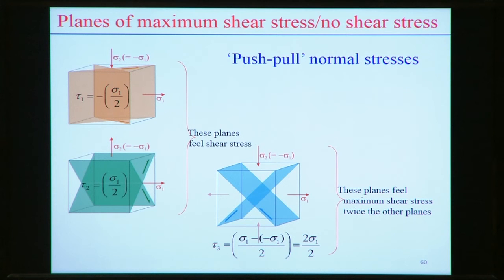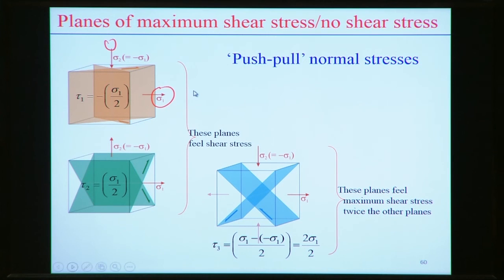This is another case. For example, pull and push: normal stress, that means tensile stress, on one side and compressive stress on the other. With these situations, a specific plane is subjected to shear stress, but it is negative. So here the two stress states are equal in magnitude, but the direction is different.